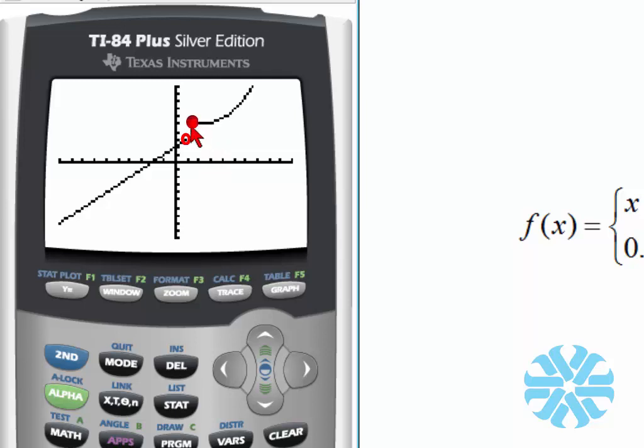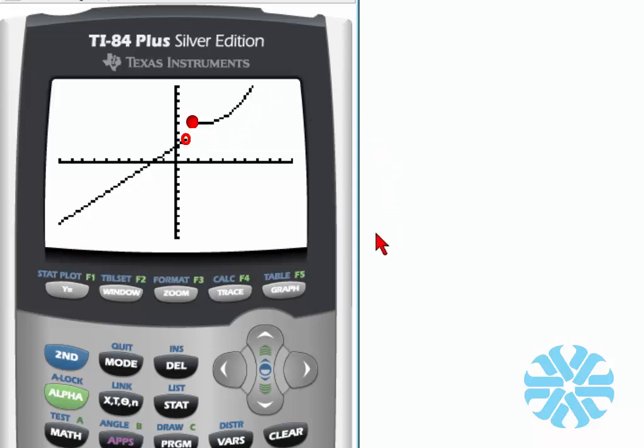So there should be a closed circle right here, and then right here there's an open circle. Open circle means it does not include that particular point. A closed circle means that it does include that particular point. Now notice that we have two pieces. Here's the linear portion, and here's the cubic portion.